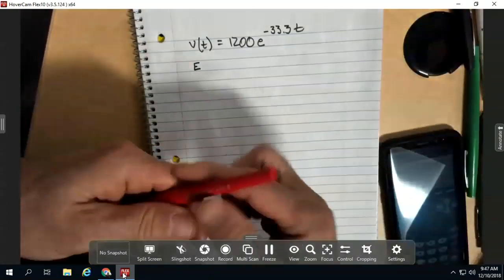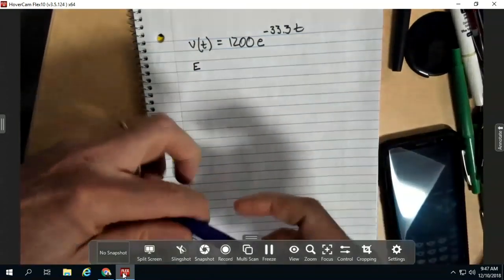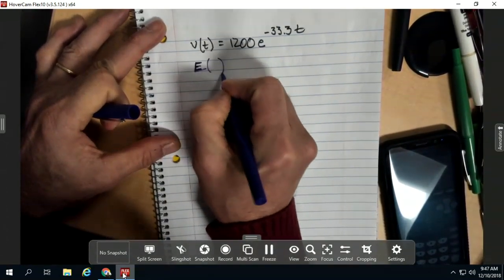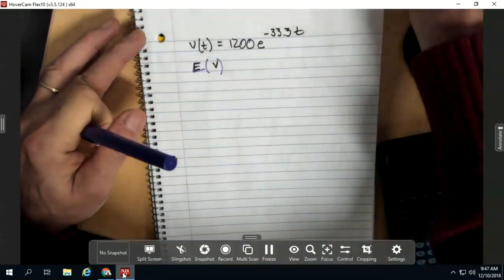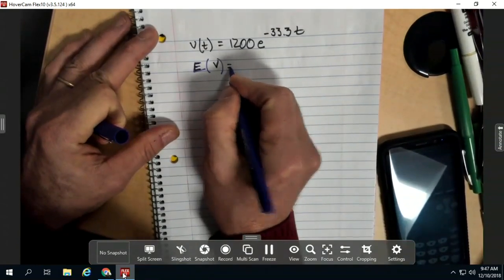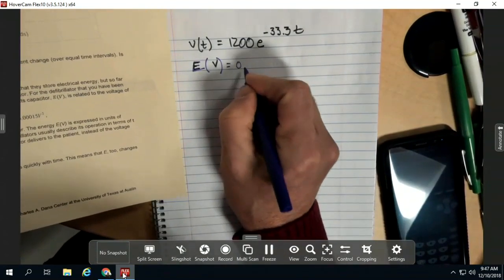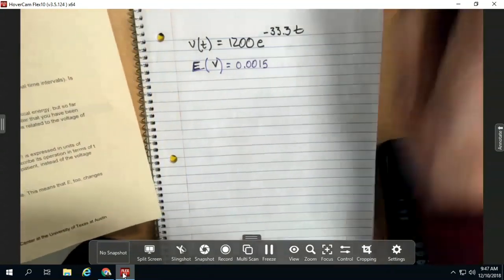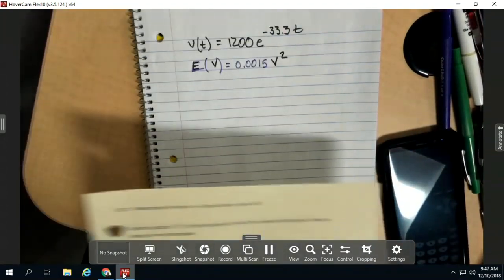I'm going to change colors. Energy as a function of voltage is, middle of the page, 0.0015 voltage squared.